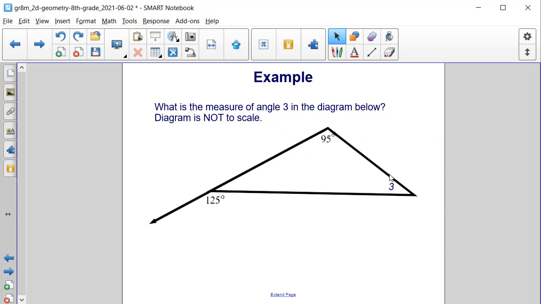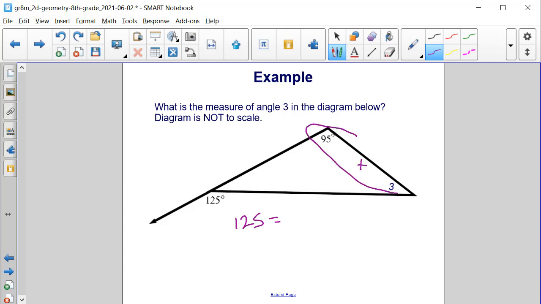What's the measure of angle 3 in the diagram below? And note the diagram isn't necessarily drawn to scale. So we know that the exterior angle, which is 125 degrees, is equal to the sum of the two interior angles that are not next to it or not adjacent to it. So that'll be 95 plus the measure of angle 3.